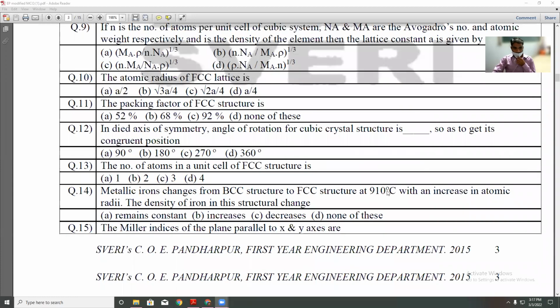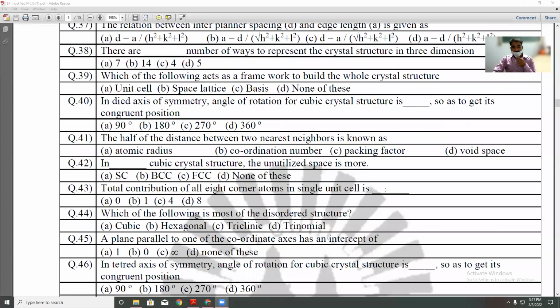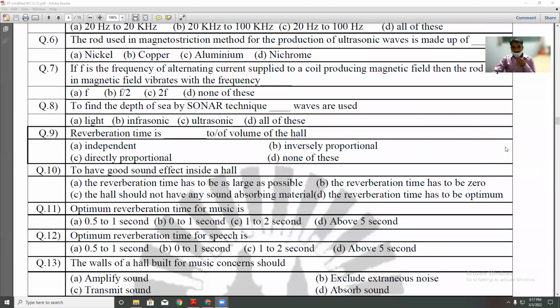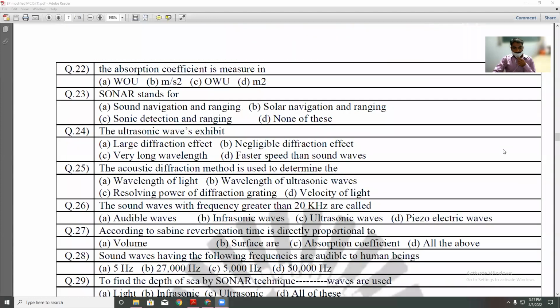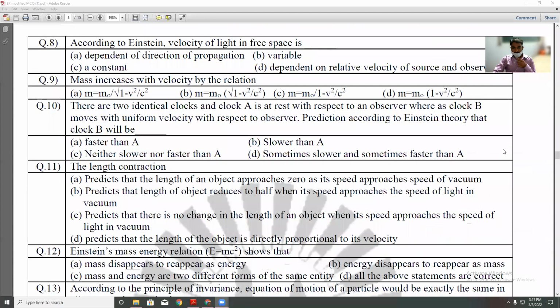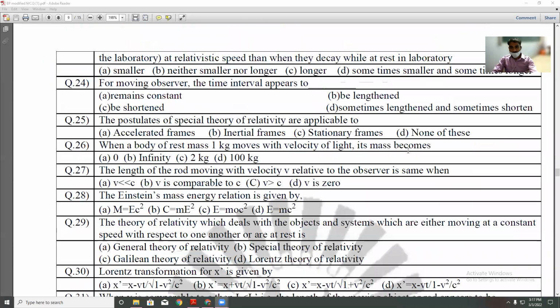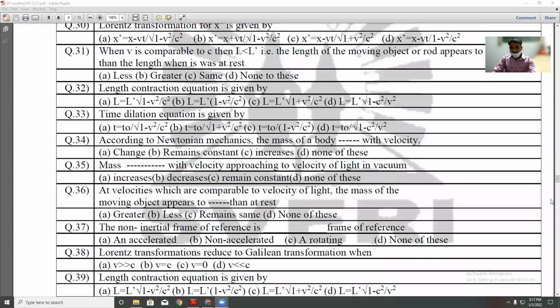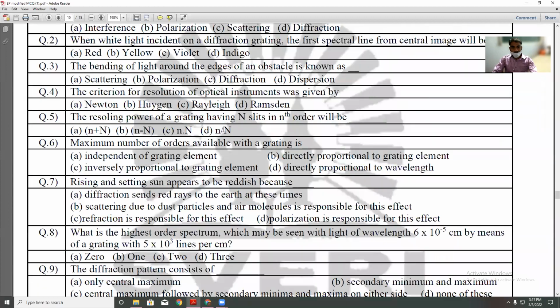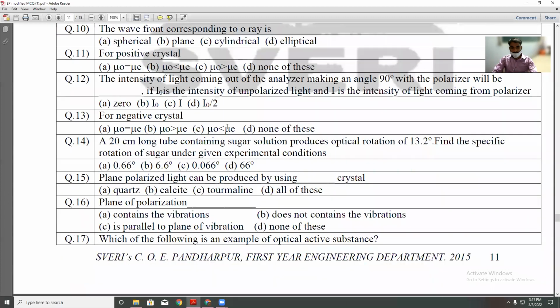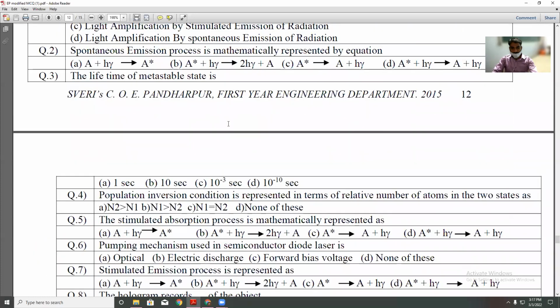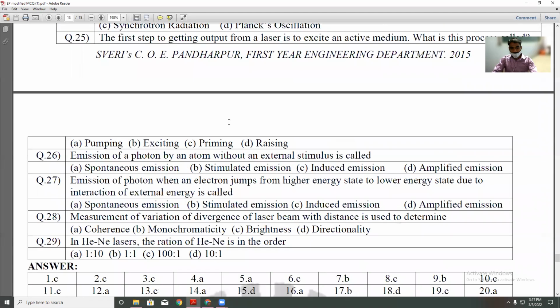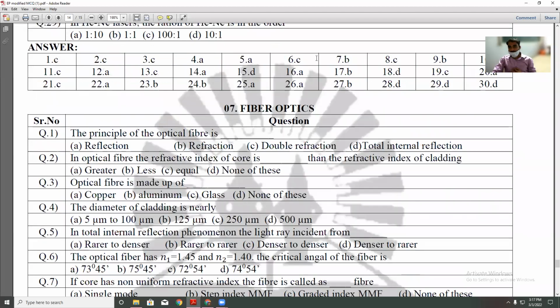Okay, what is the first MCQ? The principle of optical fiber is.